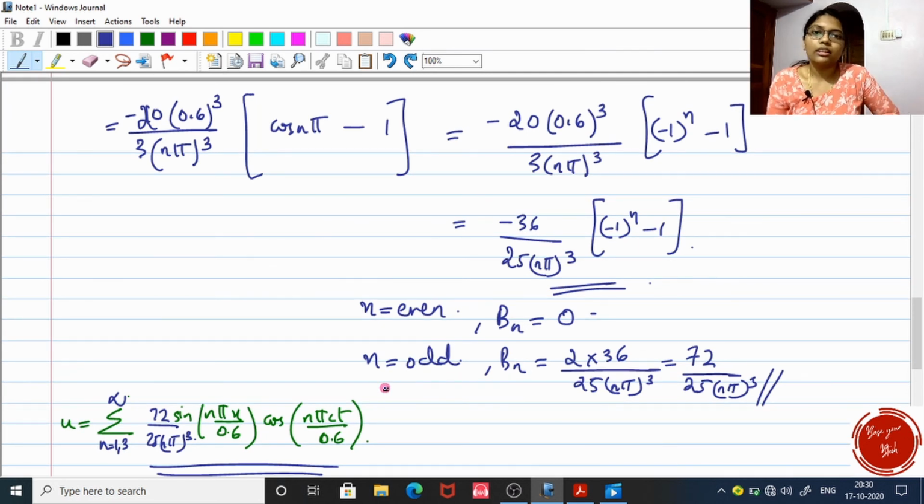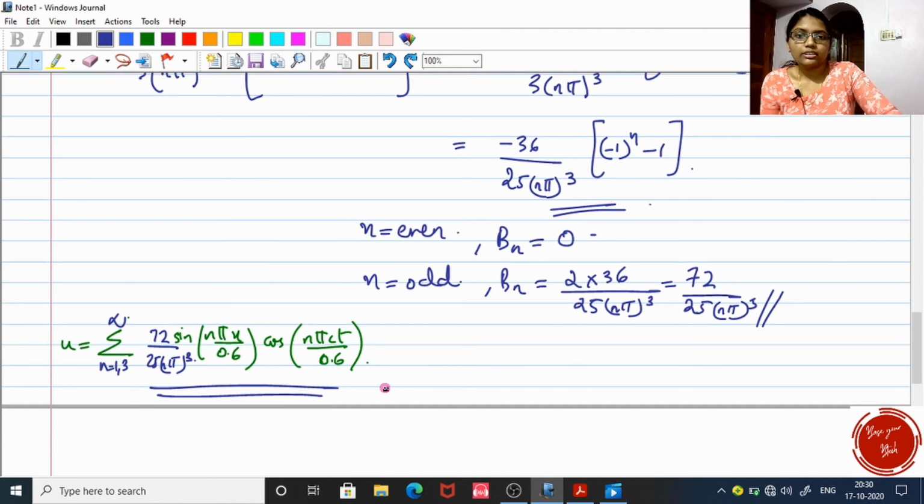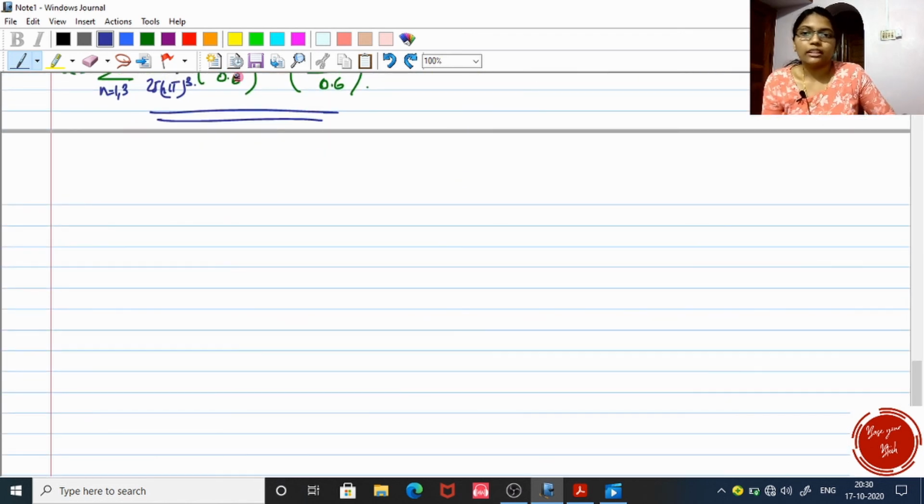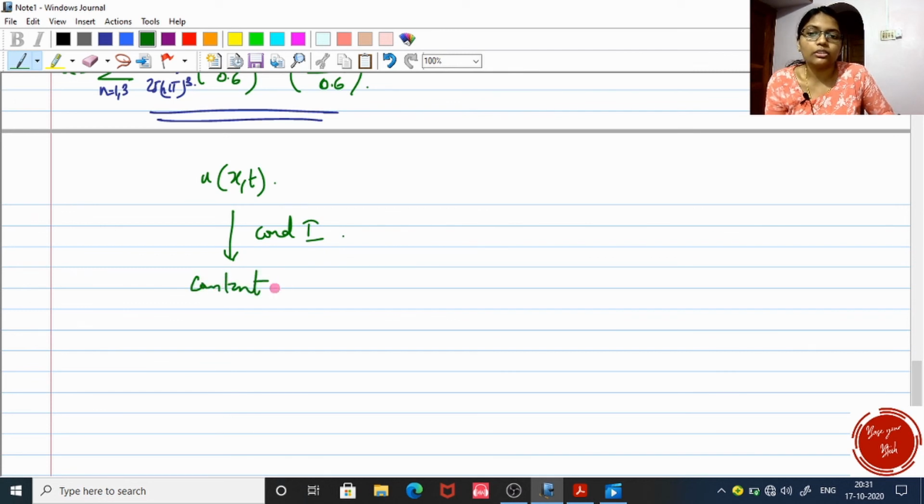So that's all with the 10 marks wave equation question. Actually it's very easy but quite lengthy. I'll tell you as in a flowchart. You know the general expression for the general wave equation solution, and you apply condition number 1 and you will get the values for the constants.